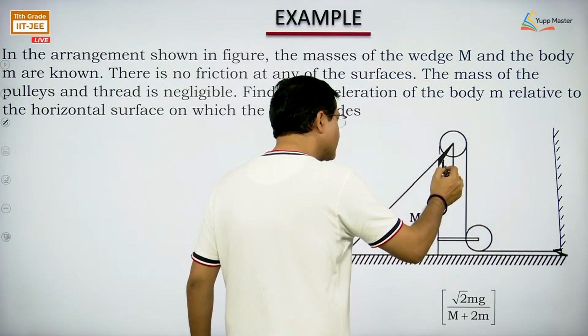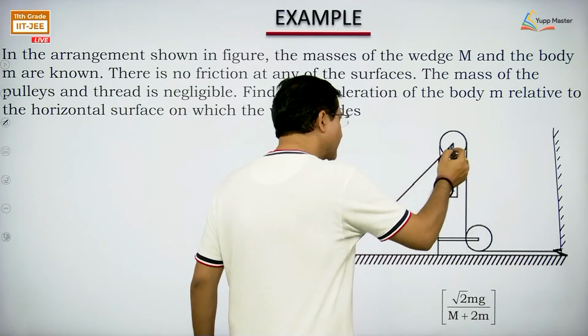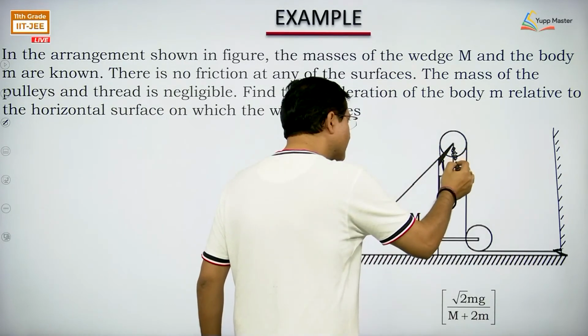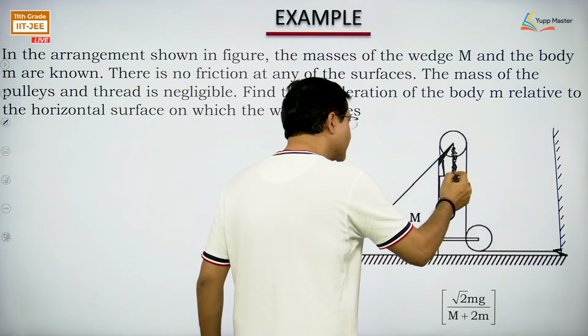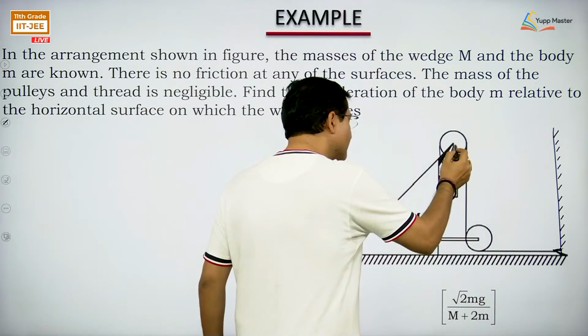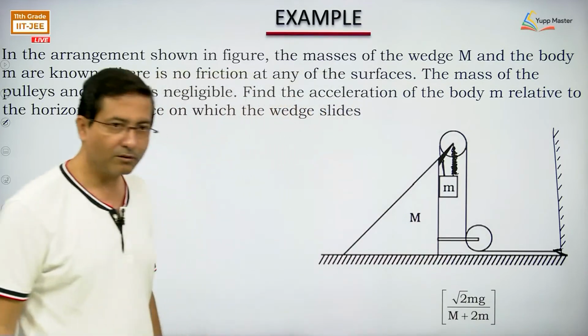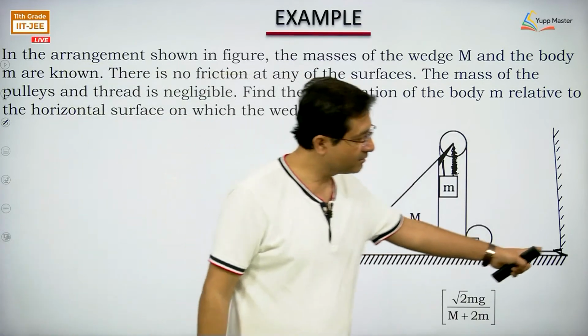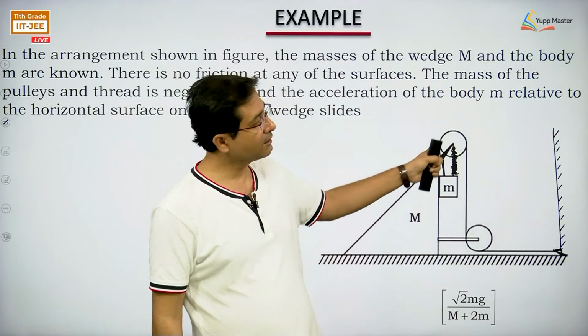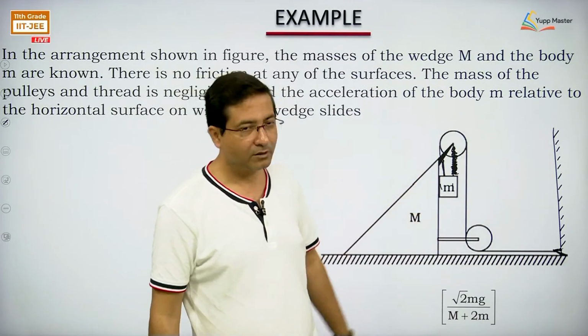Okay, so there is a small problem in the diagram, there is no attachment here. So don't consider this attachment, that is not there, right? So I hope now it is clear. This string passes through this pulley, then again passes through this pulley and is connected to block M.